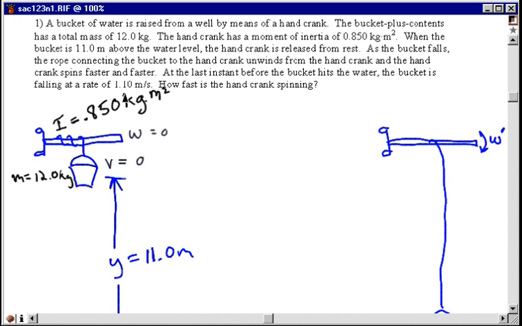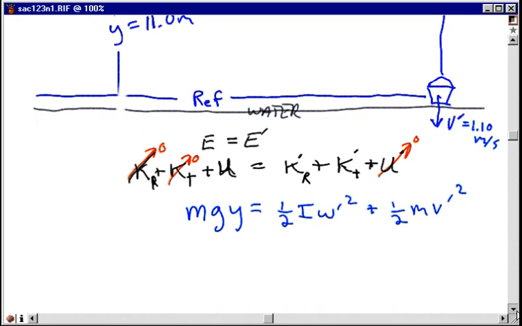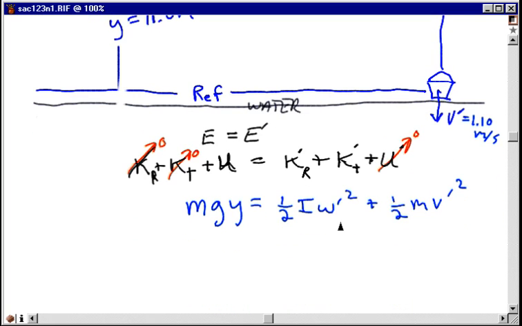They tell us that in the after picture the bucket is falling at 1.10 meters per second. So I'll record that in the diagram. And I'm supposed to be solving for omega prime.